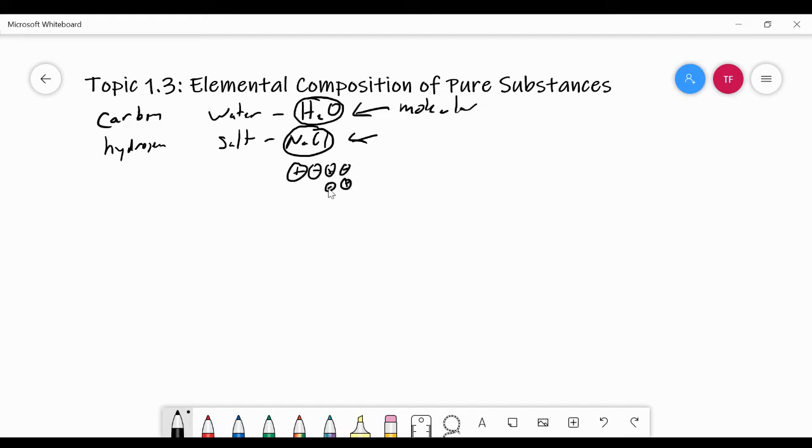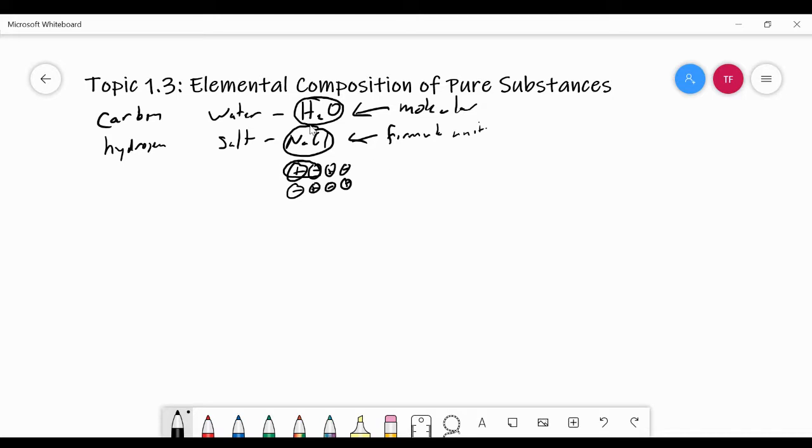These are not molecules. We just look at the ratio: one sodium for one chloride, and that's called a formula unit. It simply tells you the ratio of the ions in the ionic compound. So molecular compounds have molecules, ionic compounds have formula units.